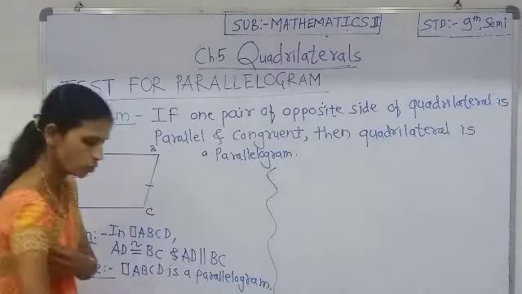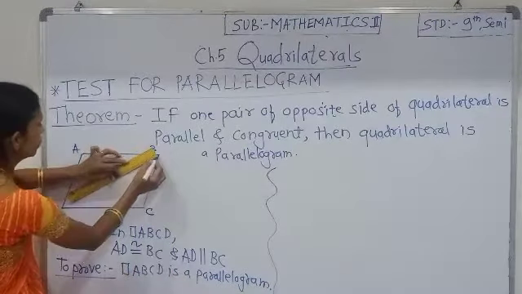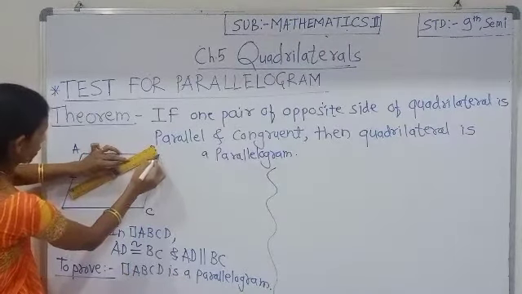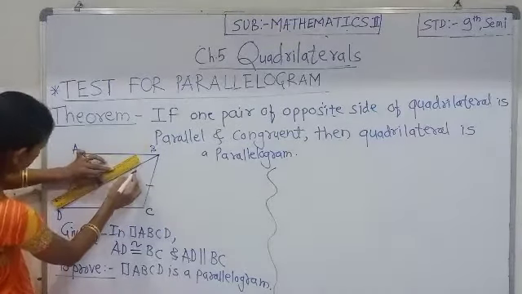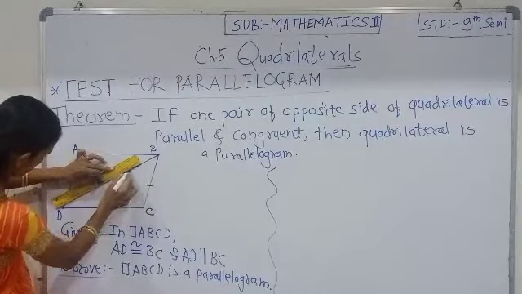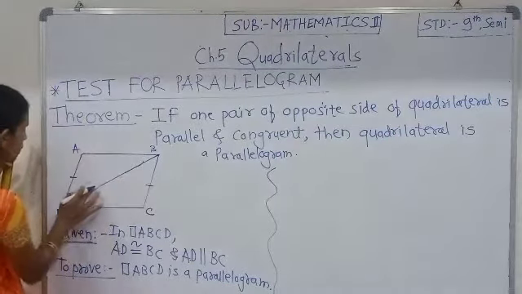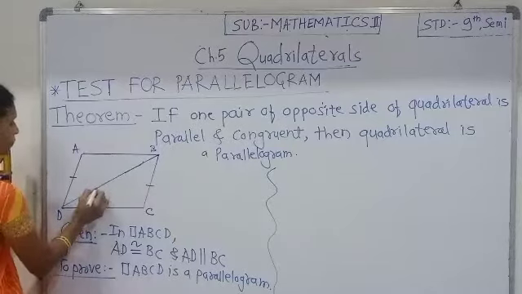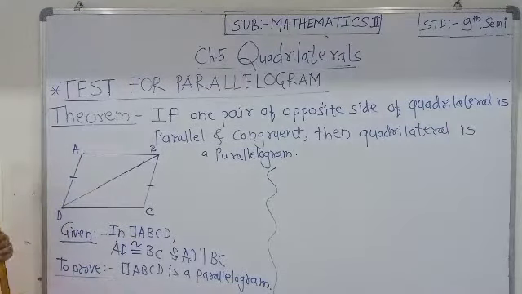Then we have to do the construction for it. We have to draw the diagonal BD to prove this property, that ABCD is a parallelogram.